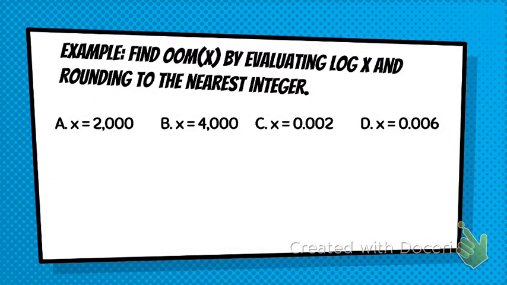All right, so finding the orders of magnitude by evaluating the log of x and rounding to the nearest integer. What we're going to be doing here is typing these into our calculator. I'm going to say the log of x equals our order of magnitude.